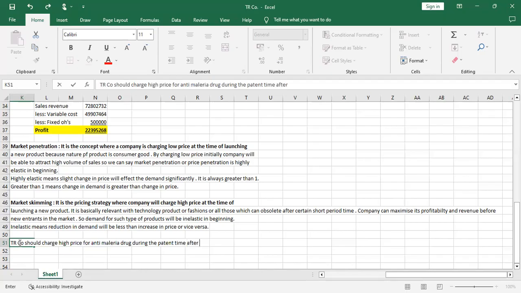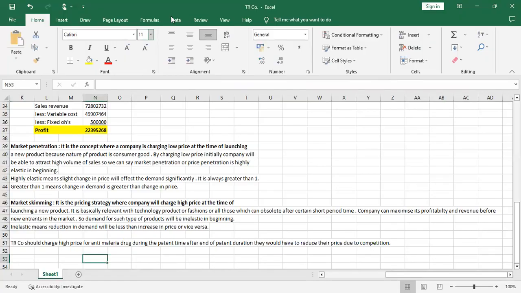After end of patent duration, they would have to reduce their price due to competition.